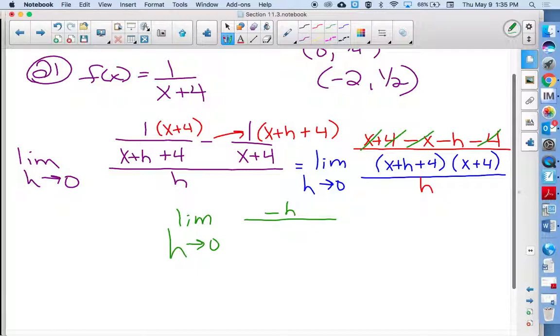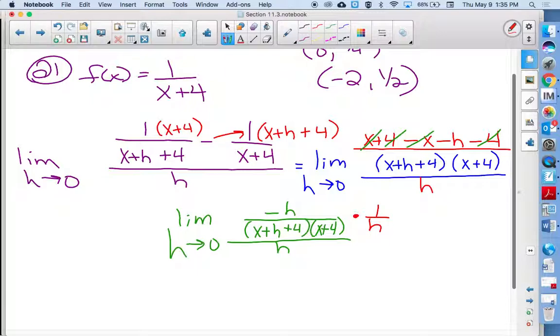On the bottom, I'm going to leave this as x plus h plus 4, and then x plus 4. When you're dividing by h, really that means you're multiplying by 1 over h, the reciprocal. So combine the numerators together by using common denominators.